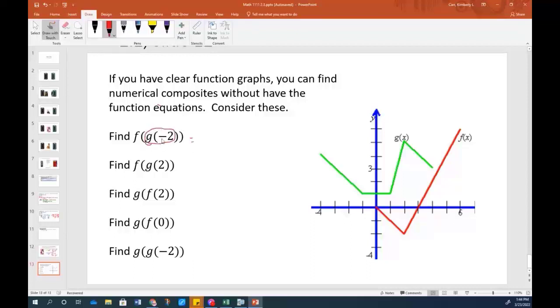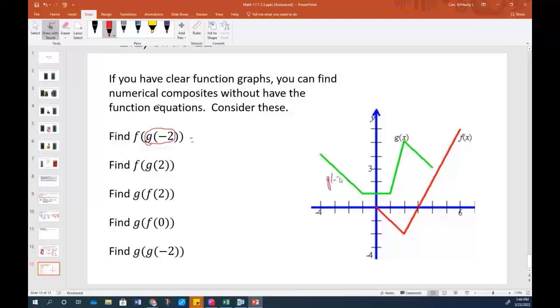G of negative 2. You want to go to the G graph and let x be negative 2. So the G graph is this green one. So on this green graph, if I go to where x is negative 2, the y value right here is positive 2.